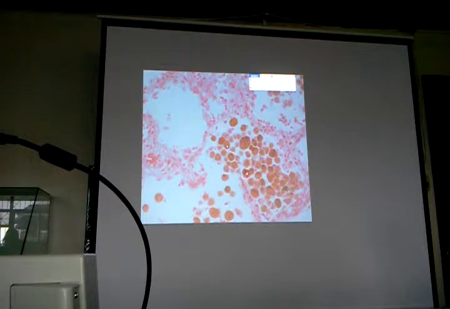Those cells are macrophages which have engulfed hemosiderin pigments. Saan galing ang hemosiderin dyan? Galing sa red blood cells. Saan galing ang red blood cells? What is the major cause of congestion, passive congestion of the lungs?